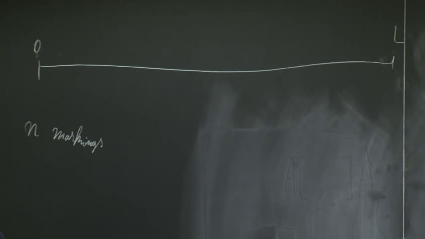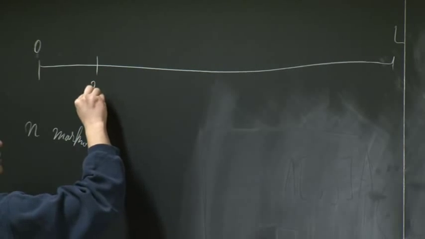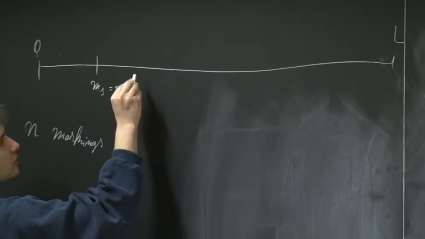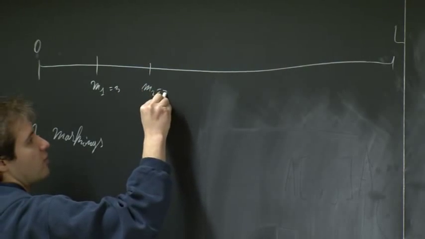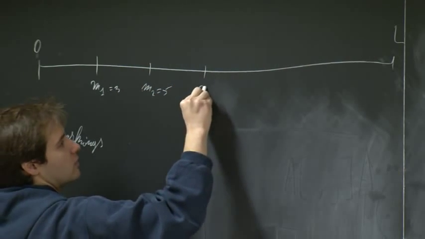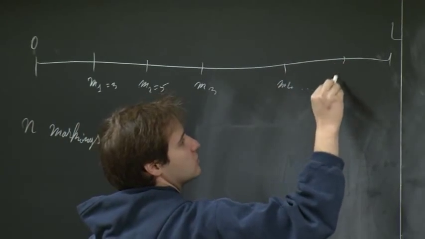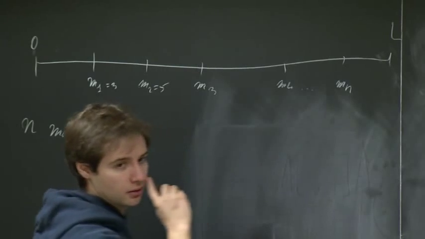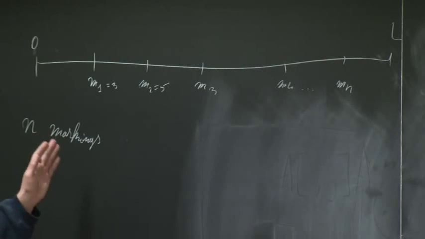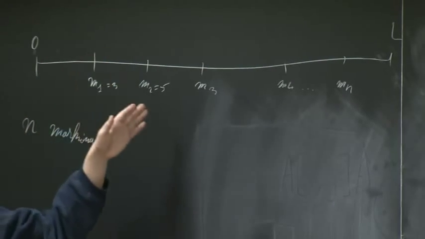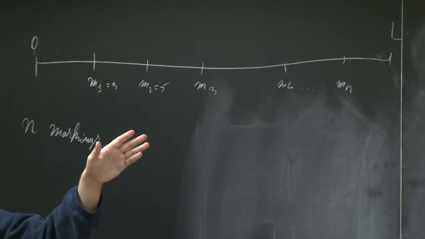So say the first mark is at 3 meters. The second mark is at 5 meters, so on and so forth. M3, M4, all the way up to Mn. So we want to cut this piece of wood at all the markings.